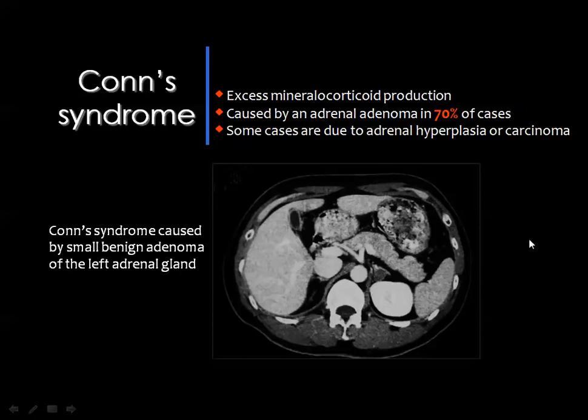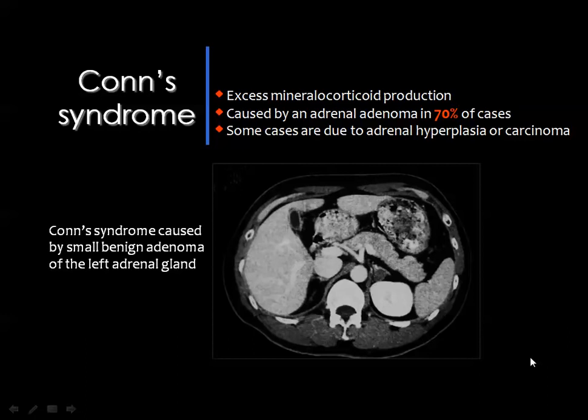But adrenal hyperplasia or carcinoma may contribute for a minor percentage of this disease. In this CT scan, you see this adenoma in the left suprarenal gland, and then the adenoma in the suprarenal gland may be lipid-rich and is functioning, and may be lipid-poor and is also functioning.